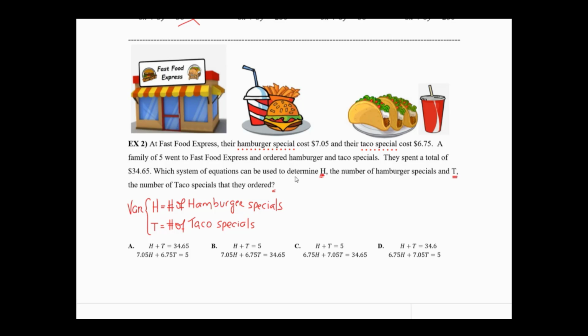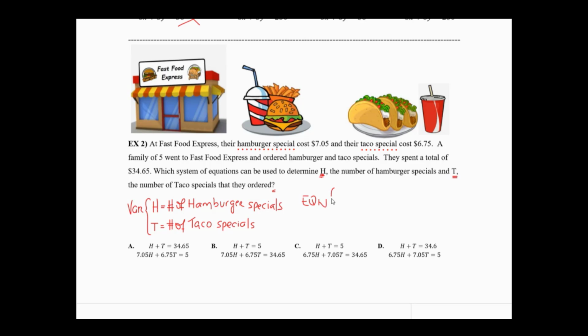Which system of equations can be used to determine H, the number of hamburger specials, and T, the number of taco specials? So now we're going to go back and try to identify our equations. So basically, the problem is talking about going to a fast food place, and we have a choice of ordering hamburgers versus taco specials. And there's a family that went there, and they ordered some tacos and some hamburgers. So let's write the equations.